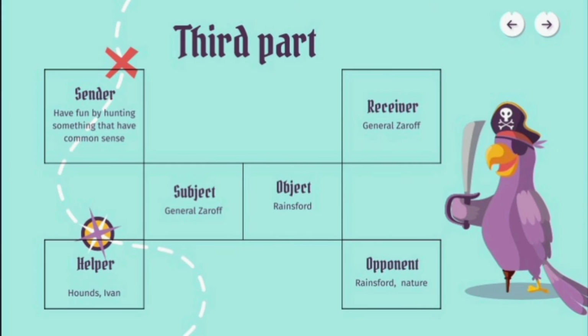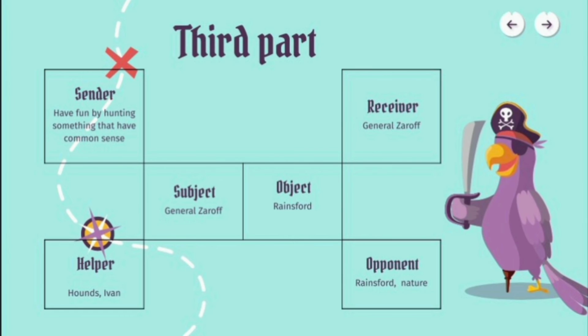In the third diagram, it shows that General Zaroff is the subject of the story. It means that this time he is the active element. His objective is to succeed in hunting Rainsford, and his motivation for this action is to have some fun hunting those who have common sense.